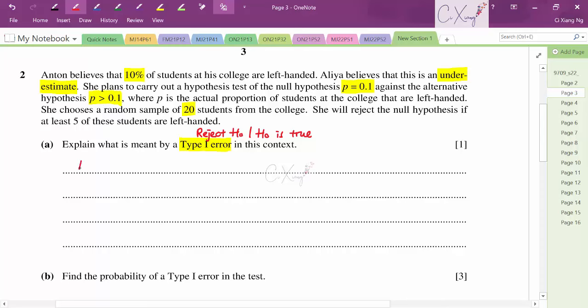So we should tell them in this way, where we accept the statement that more than 10% of the students in the college are left-handed.